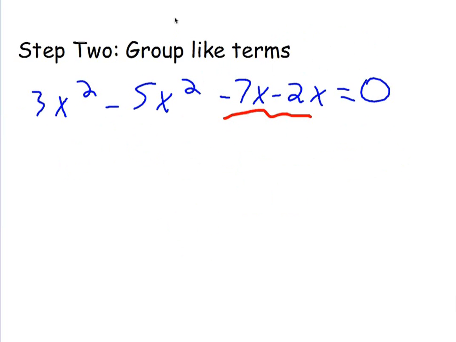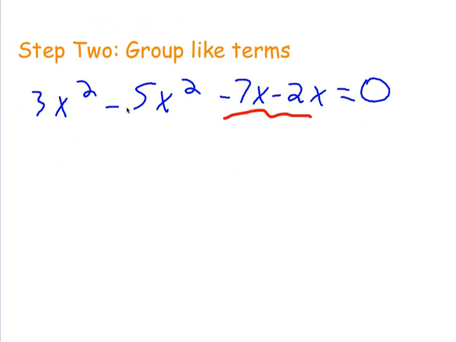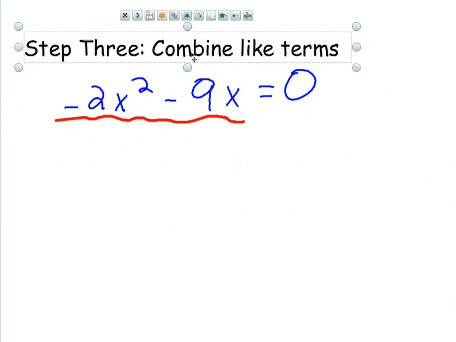So, next step, you're going to group your like terms. Put your x squared terms together and your x terms together. Again, those are called linear terms. So there's your x squareds and then your x terms over here. We get everything grouped. Now we can combine it. Again, you can do steps 1 through 3 in the same swoop if you want.